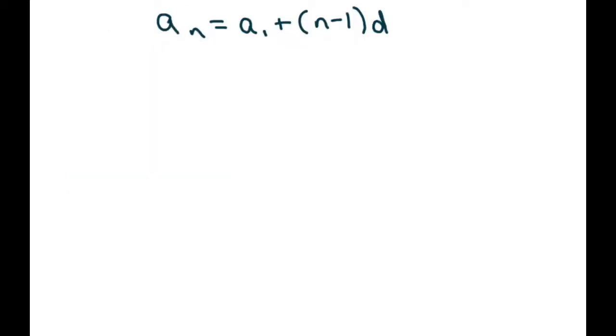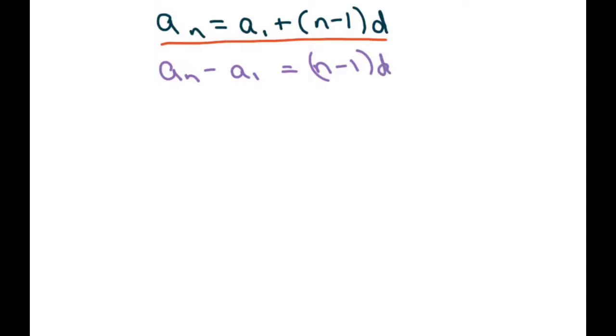So to find n, we solve for n in our arithmetic sequence formula. We subtract a sub 1 from both sides, and that gives you n minus 1 times d. Then divide both sides by d, so you get a sub n minus a sub 1 over d equals n minus 1.